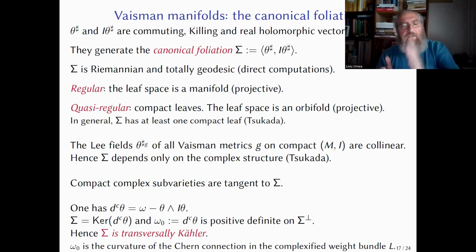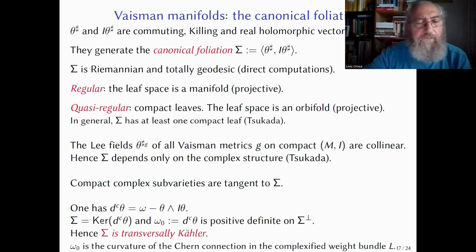It has only one complex direction in which it vanishes. In the rest, it is positive. And you can identify it with the curvature of the Chern connection in the weight bundle complexified. And now you have an ample bundle on Weismann.